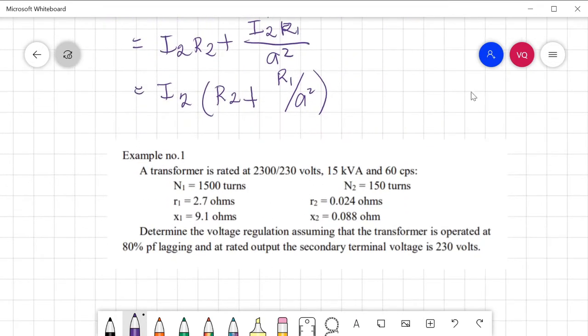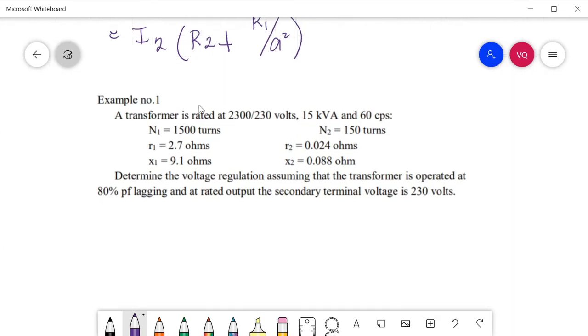So we will have an example. A transformer is rated at 2,300 volts at the primary and 230 volts at the secondary, 15 kVA and 60 Hz. We have number of turns in primary 1,500, at secondary 150 turns, R1 2.7 ohms, X1 9.1 ohms, R2 is 0.024 ohms, X2 is 0.088 ohm.